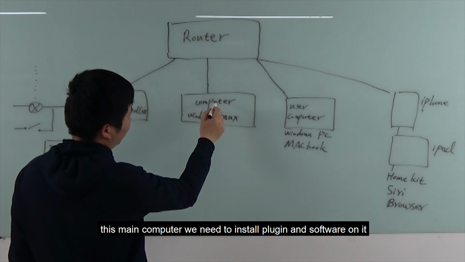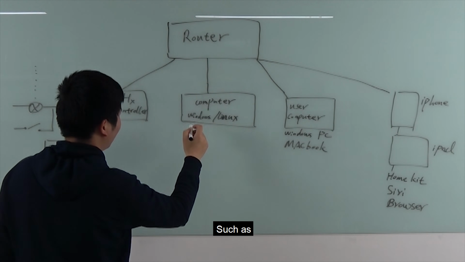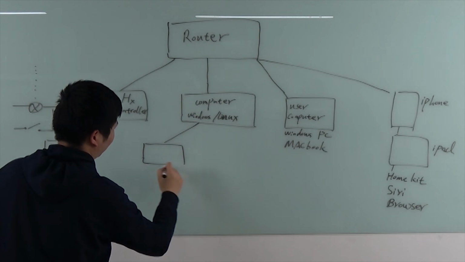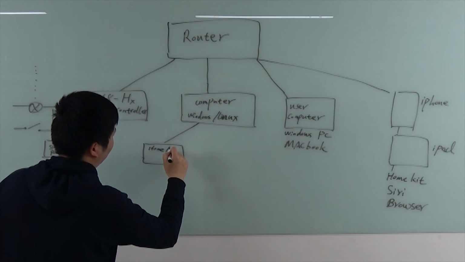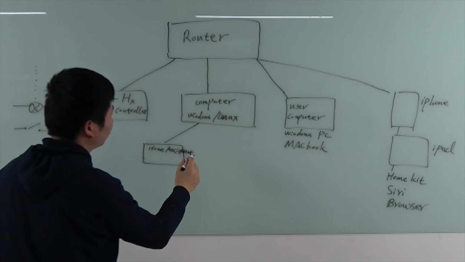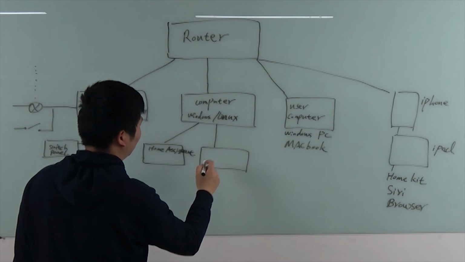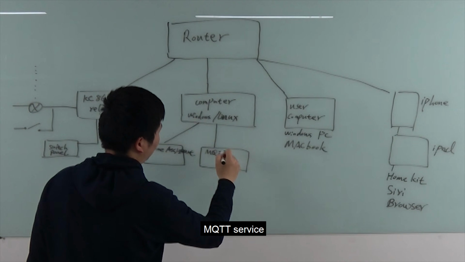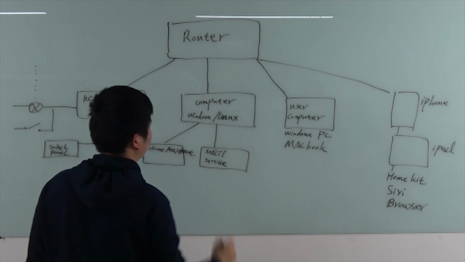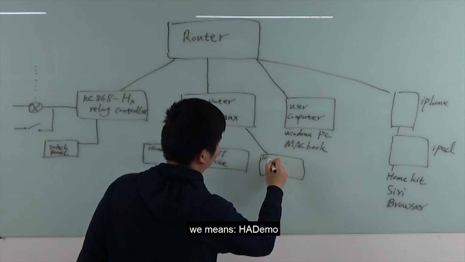And this is the main computer. We need to install some plugins and some software on it, such as Home Assistant, the MQTT service, and another program we call HA demo.